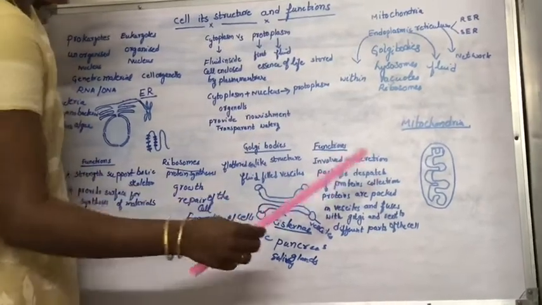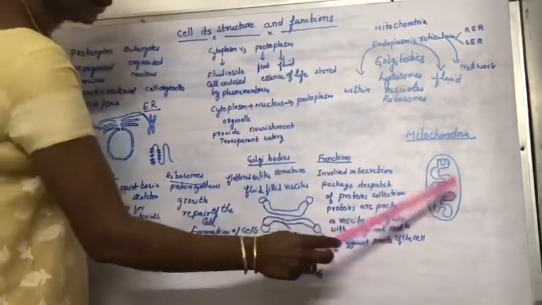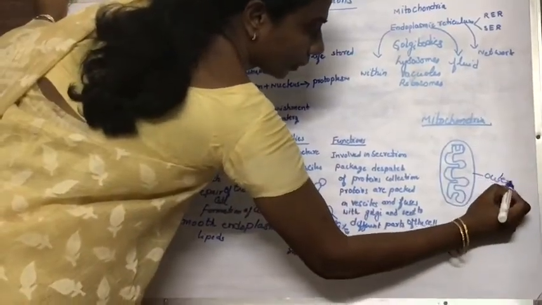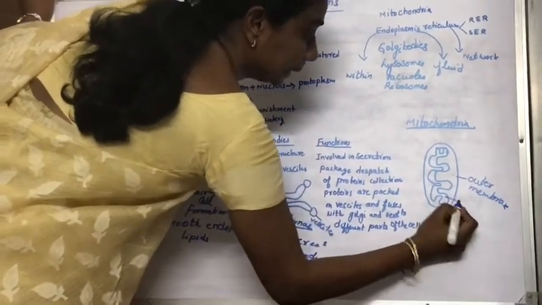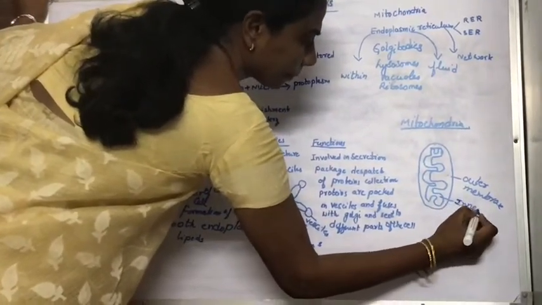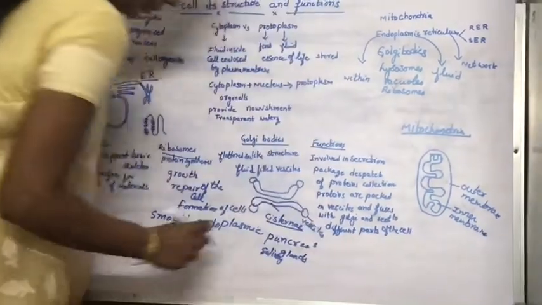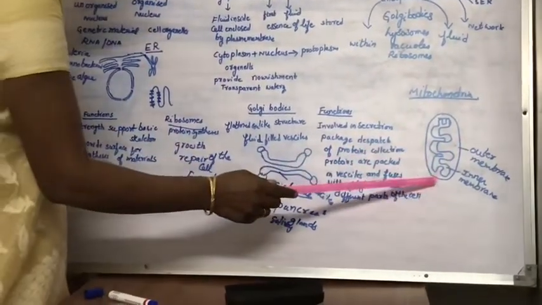This mitochondria is a double membrane structure. This is the outer membrane and this is the inner membrane. So mitochondria is a membrane bound structure, with an outer membrane and an inner membrane.